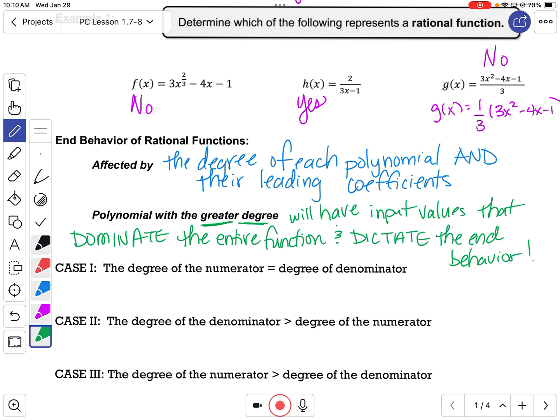There are going to be three situations that could happen. So case 1, case 2, case 3. Each case is going to give me something a little bit different.